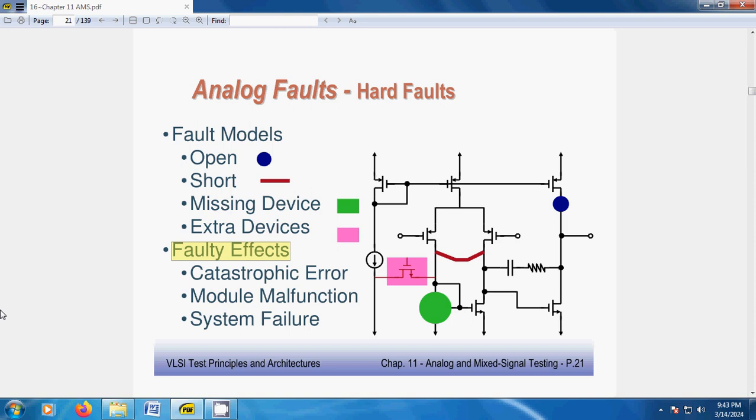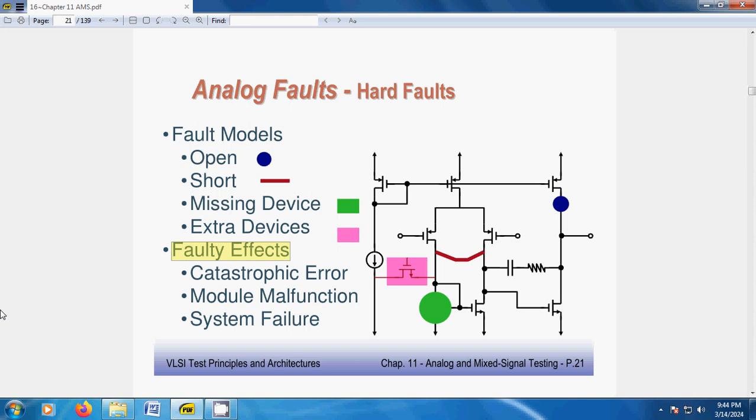Other systems and subsystems that are dependent on this submodule for some kind of signal cannot work. As a result, the total system or the total IC becomes a failure. This is the major drawback of hard faults, so it is very important that we remove the hard faults from the analog ICs.